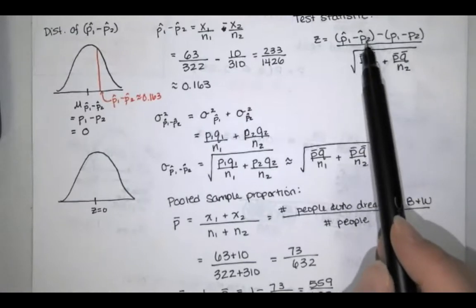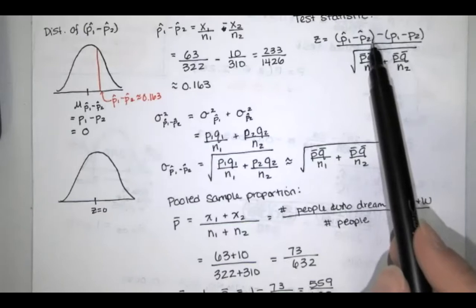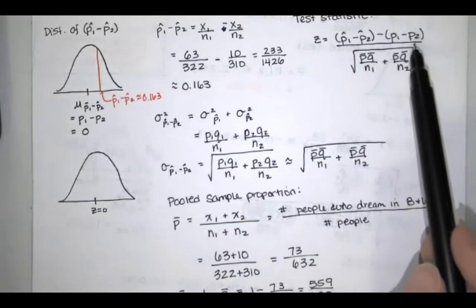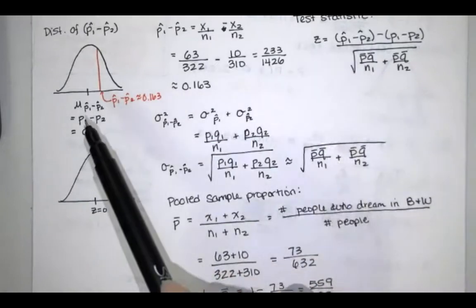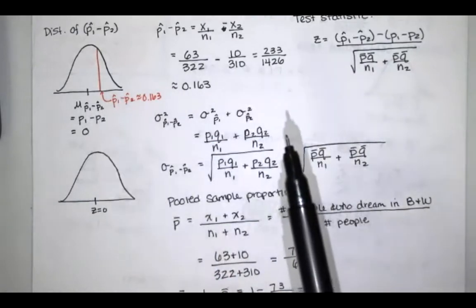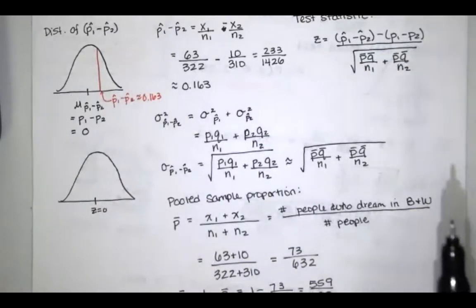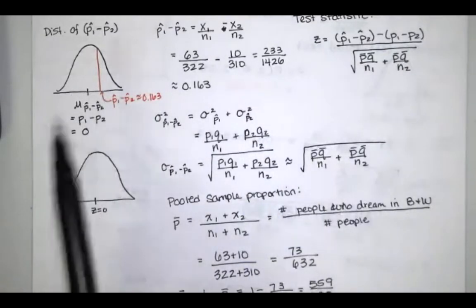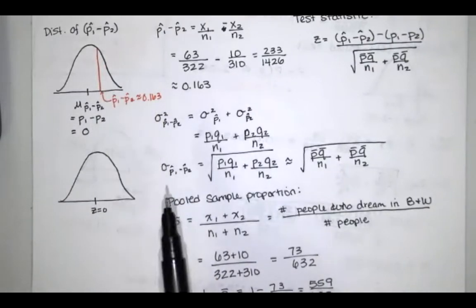So I'm taking my continuous random variable p1 hat minus p2 hat, and then I'm subtracting the mean of the distribution of p1 hat minus p2 hat, which is equal to p1 minus p2, which we're assuming to be 0 because we're assuming that the null hypothesis is true here. And then we're saying, okay, if the null hypothesis is true, how many standard deviations above the mean is this number?